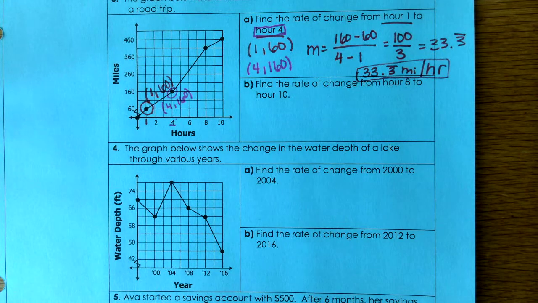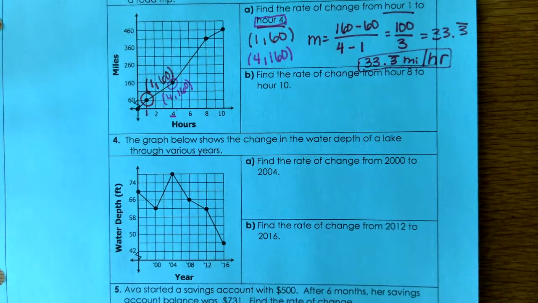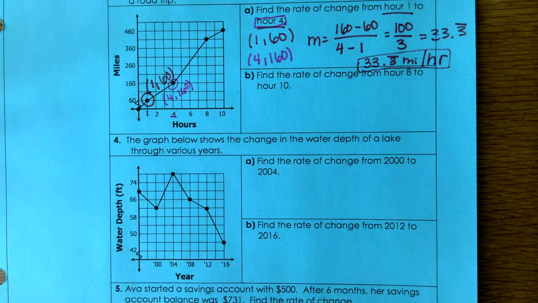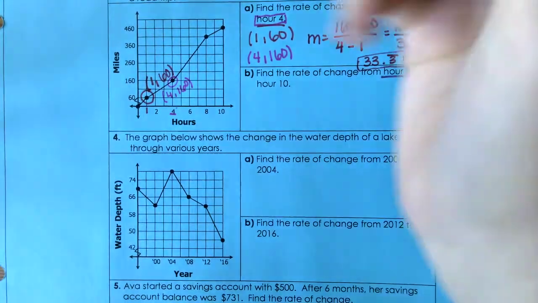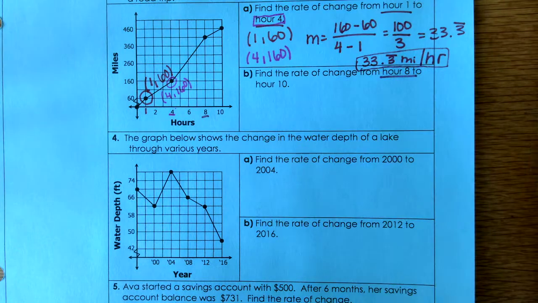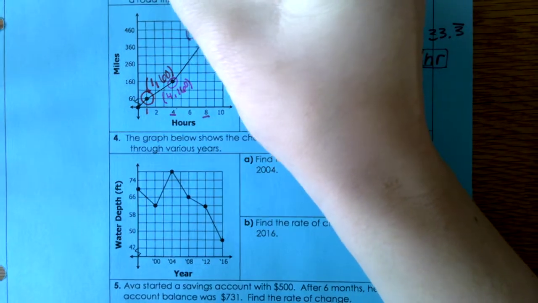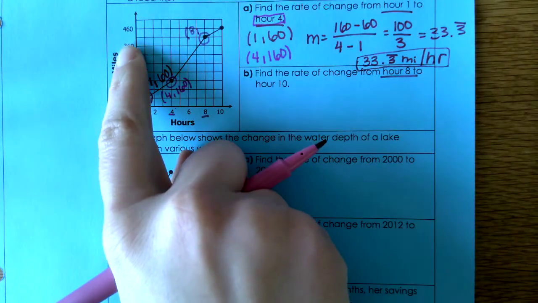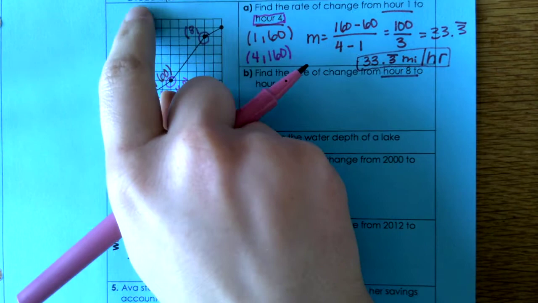Now, it says that I need to find the rate of change from 8 hours to 10 hours. So I need to find where I am at 8 hours. So at 8 hours, I am right here. I go up and it crosses this point right here. So I have 8, comma, going over. So this is 360 and this is 460.